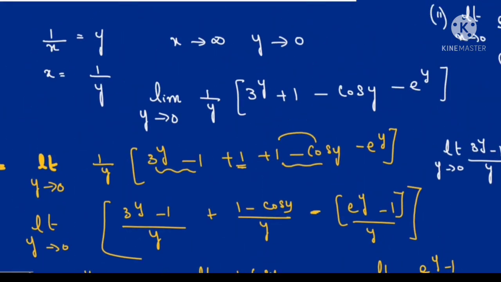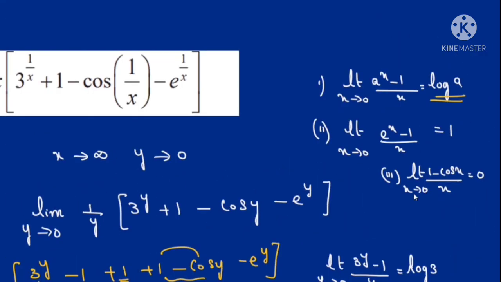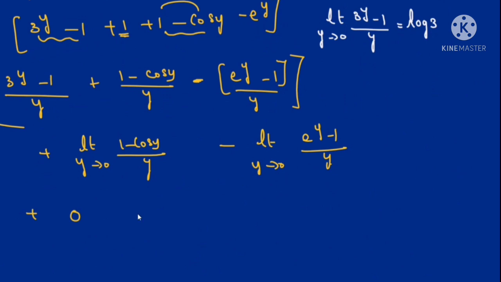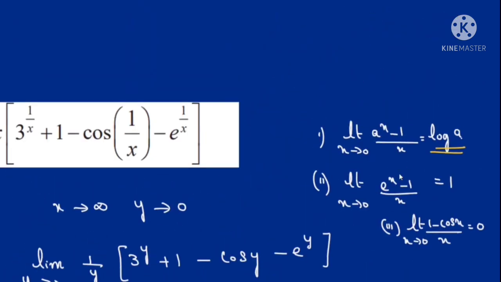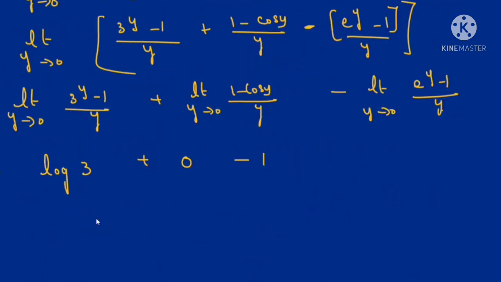Using the three formulas, the first becomes log 3, the second becomes 0, and the third, e power x minus 1 by x as x tends to 0, is 1. So the final answer is log 3 minus 1.